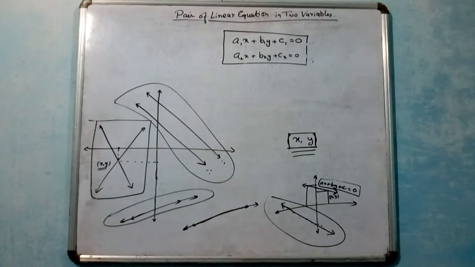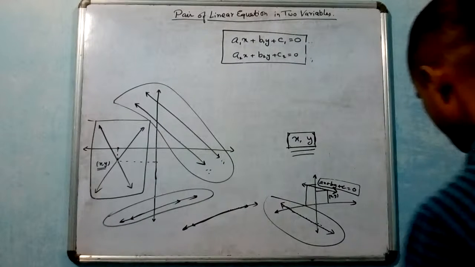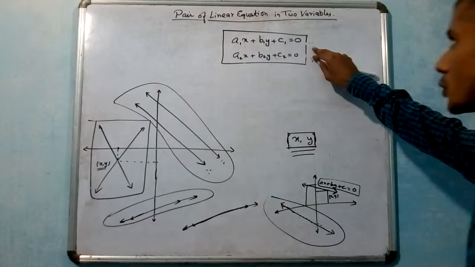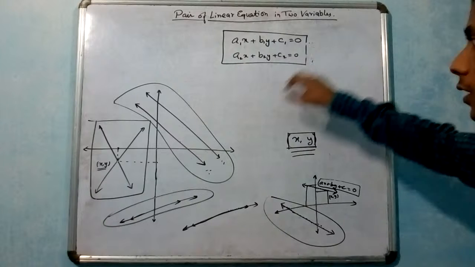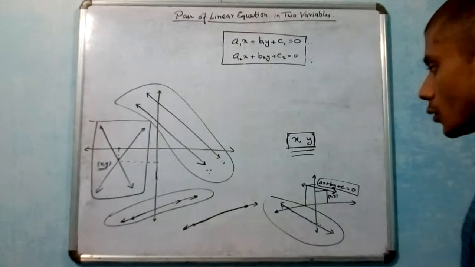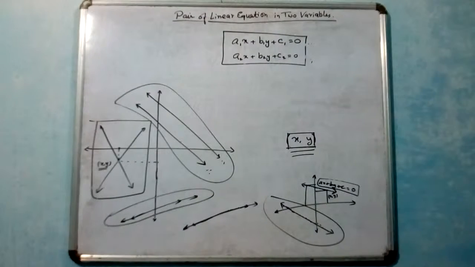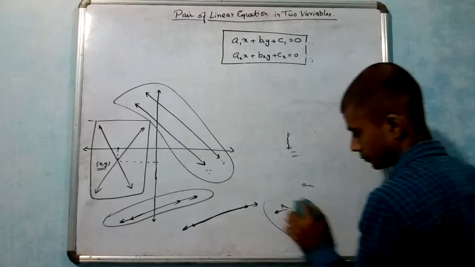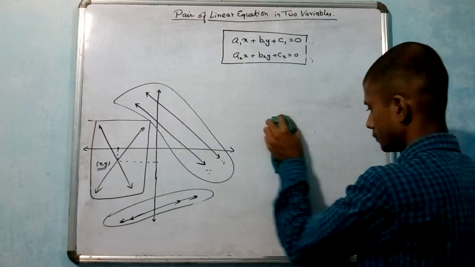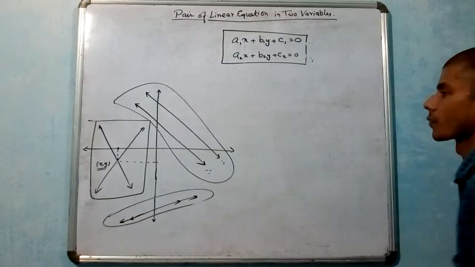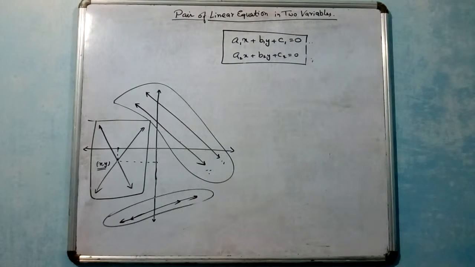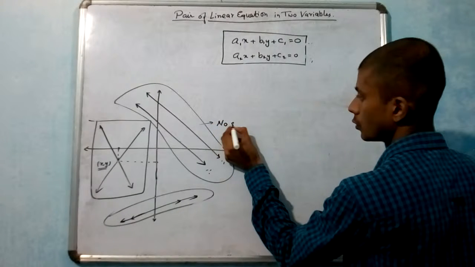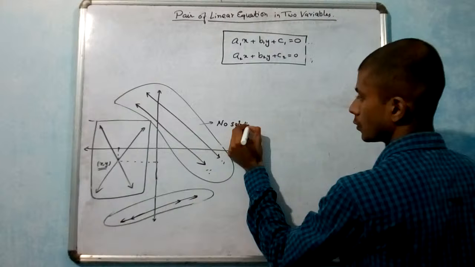Fine. So these three things are clear, no? These are the three possibilities we can get while understanding the solution graphically. Now, for parallel lines we get no solution.